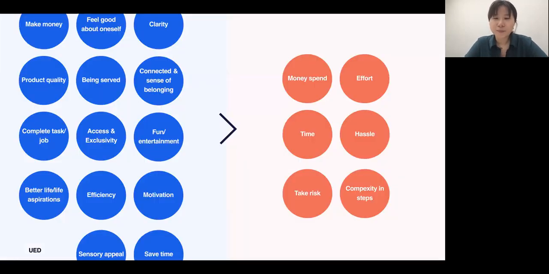So not really. I'm trying to map out some of the commonly recognized values versus some commonly recognized efforts in the e-commerce context. We talk about money as in spending, and also effort, time, hassle, steps, risks, and all those things that customers don't enjoy, versus on the left side: exclusivity, fun, connection, a sense of belonging, FOMO, a sense of clarity and being able to make the connection.